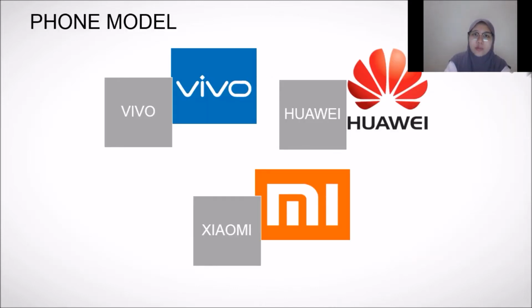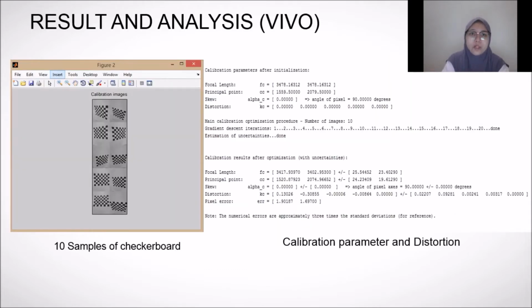Okay, these are the 3 phone models that our members use. I am using Vivo, Faika is using Huawei, and Azhar is using Xiaomi. Basically, this is the result and analysis for Vivo. In figure 2, we have 10 samples of the checkerboard at different angles.